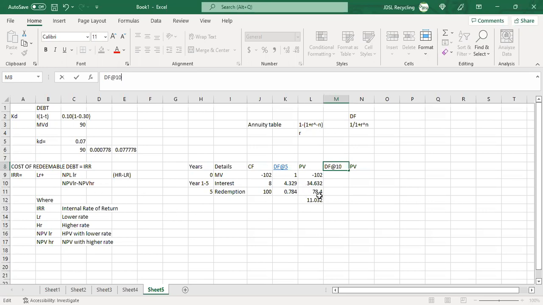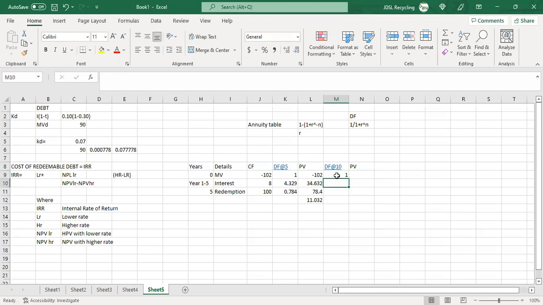So if we have positive, there is no need of going back to get one positive and one negative. It is not necessary. If we can input that correctly into our formula, we will still arrive at the same answer. I hope we are together. Discount factor year 0 is usually 1.